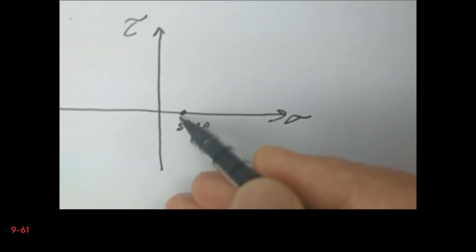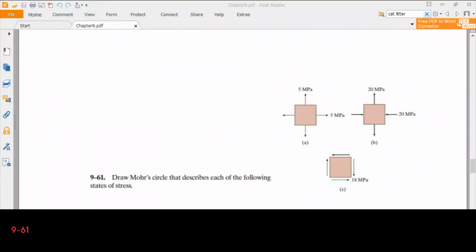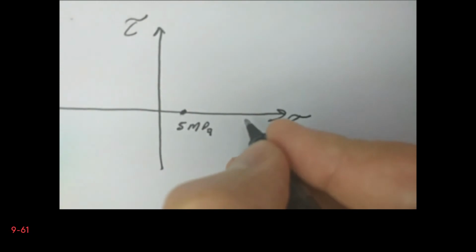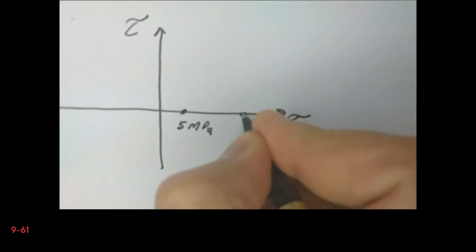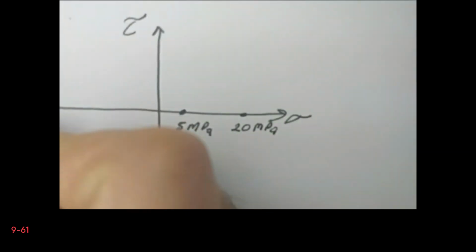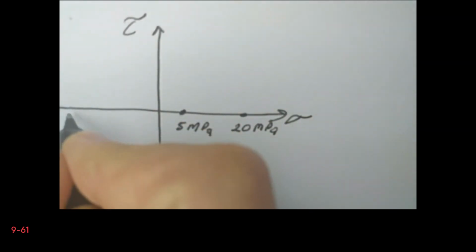Now let's look at the B. For B we have two normal stresses. On the horizontal axis, one is positive and the other is negative. So we first draw the maximum one. Let's say that this is 20 megapascals, and then we draw the negative one to the other side.